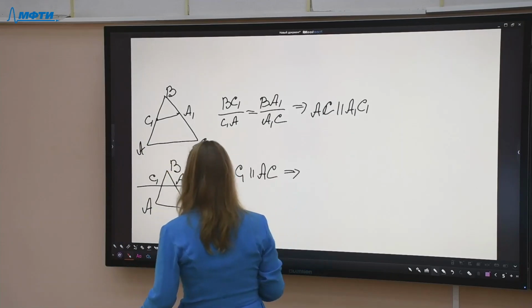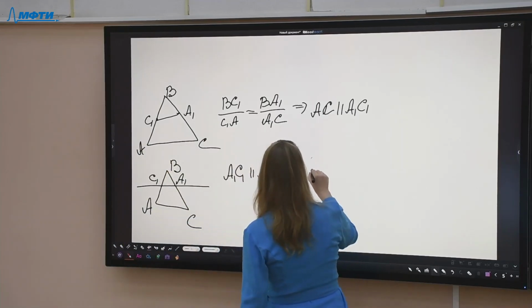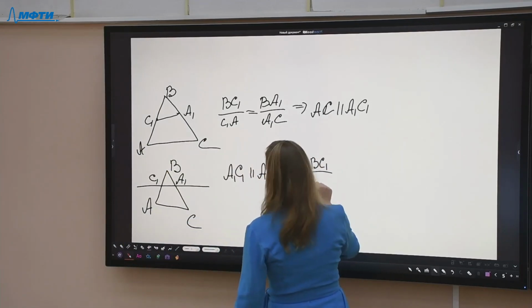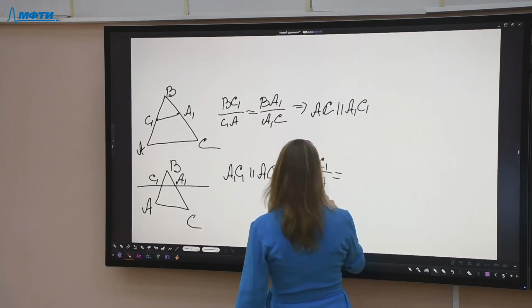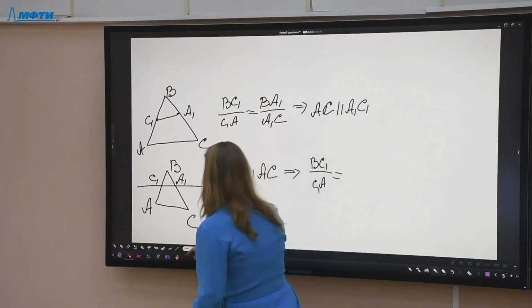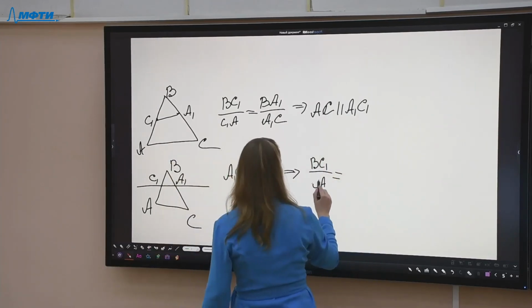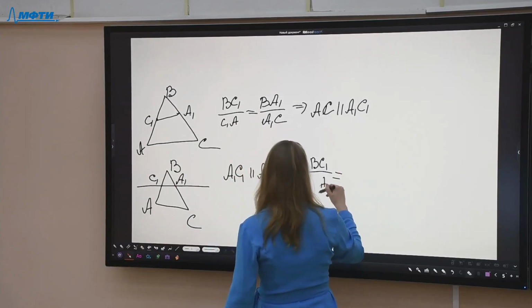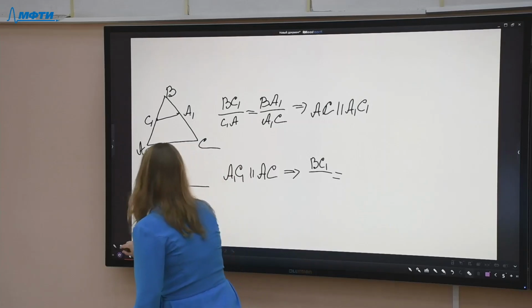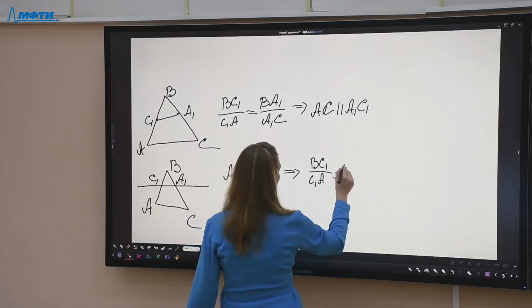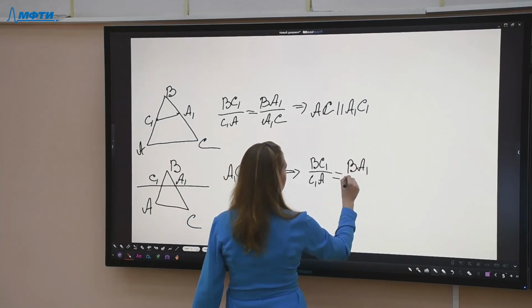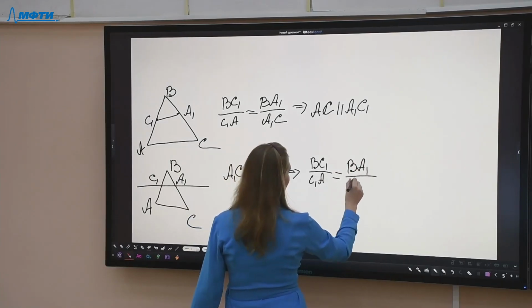Then we can make a conclusion that BC1 over C1A is BA1 over A1C.